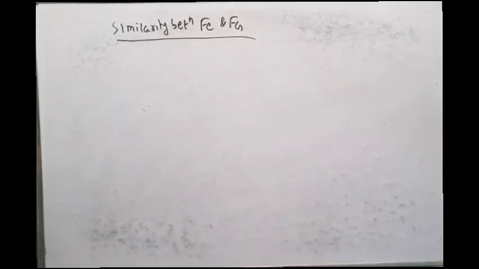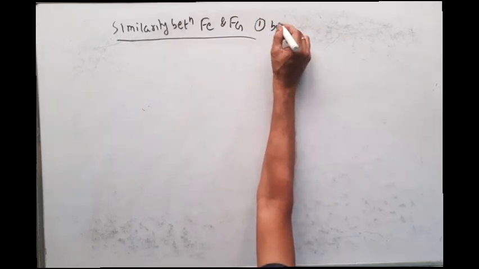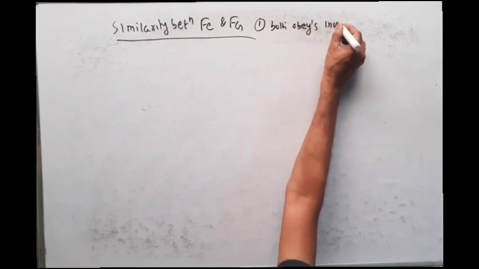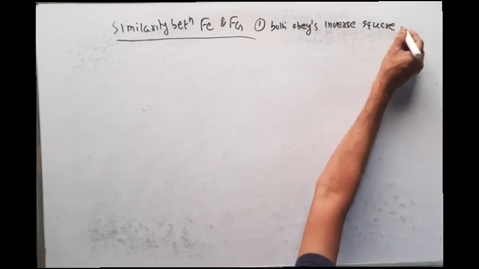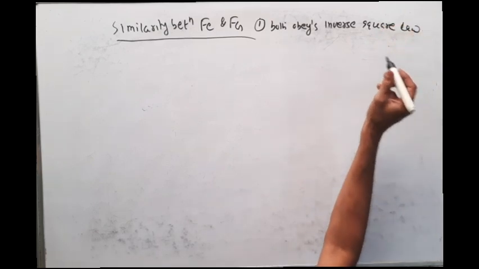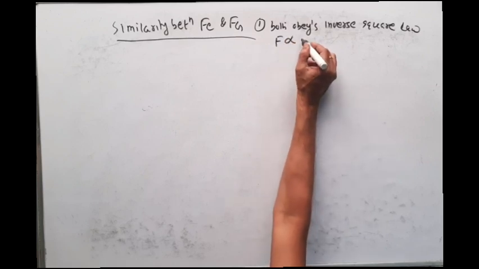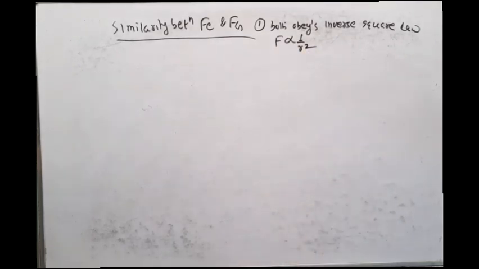The similarity is that both obey the inverse square law. That is, the force between two charged bodies or between two masses is inversely proportional to the square of the distance. So this is the similarity.